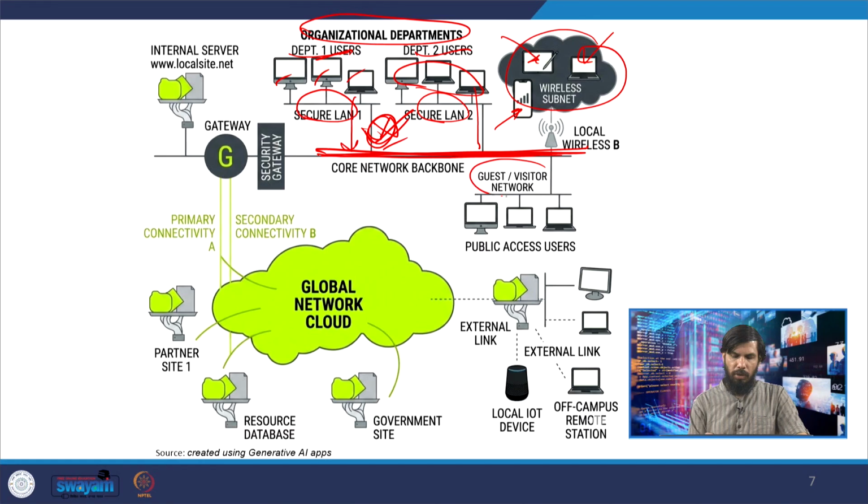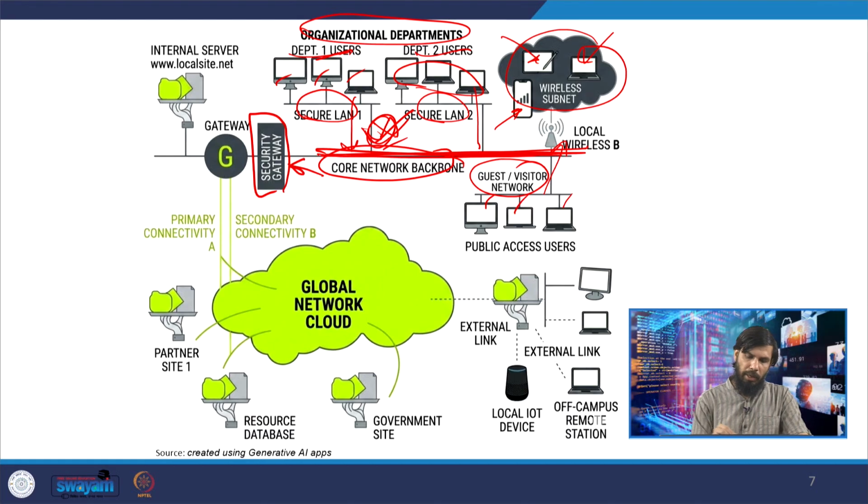Then for guests and visitors, their devices will also be given access temporarily through the organization's wireless network more often than not, right. Then if we look, this core network backbone is connected to the security gateway.